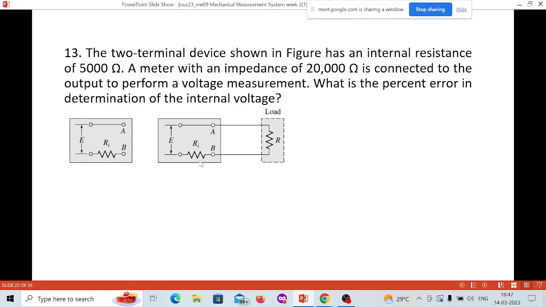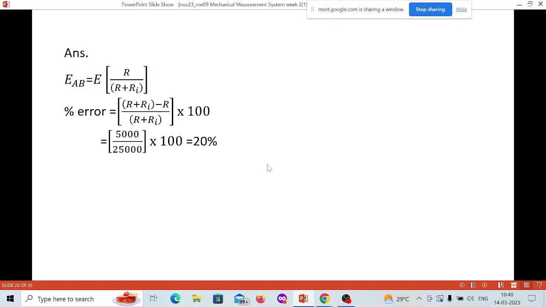The total resistance will be R plus Ri, and the voltage across the terminals including both the resistances will be E. So E by R plus Ri will equal the current EAB by R. From there we can find the relation EAB equals E into R by R plus Ri. So we know the relation between the voltage across the load and the total voltage measured.